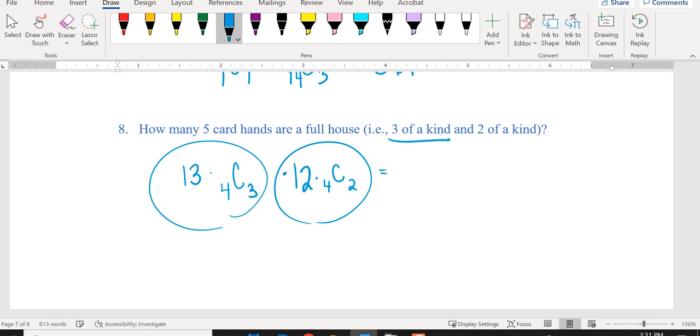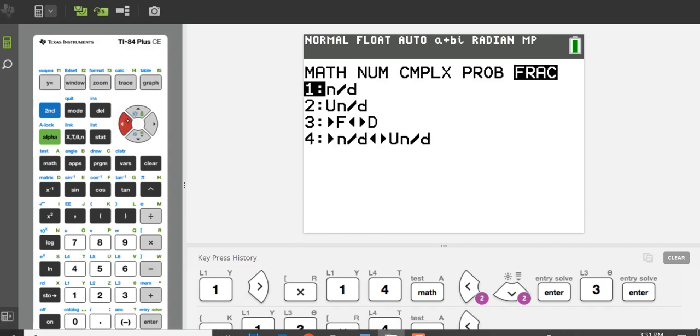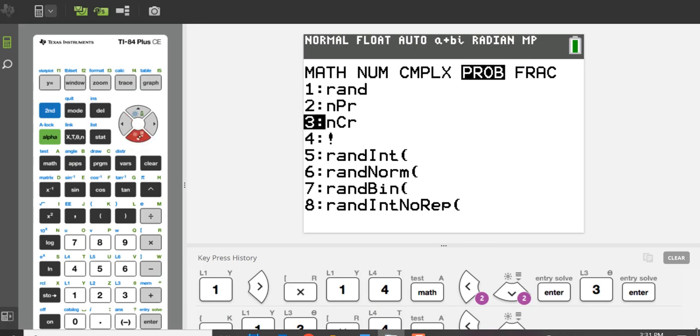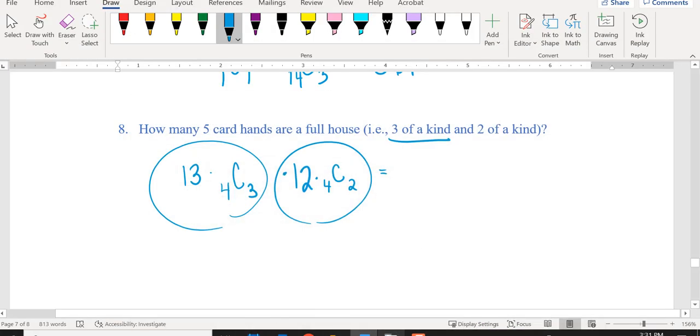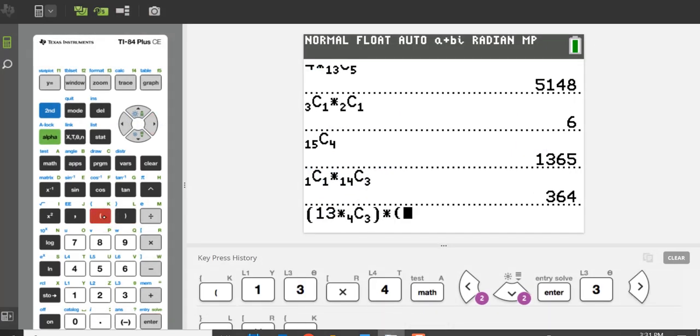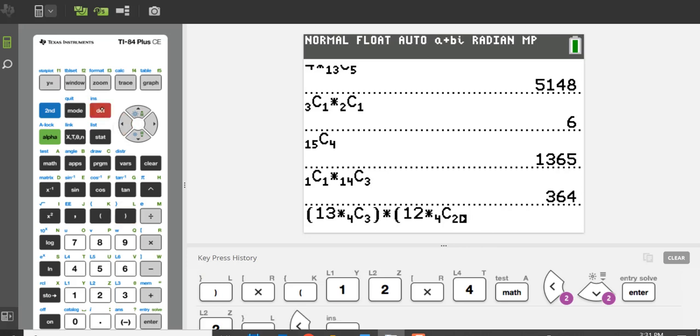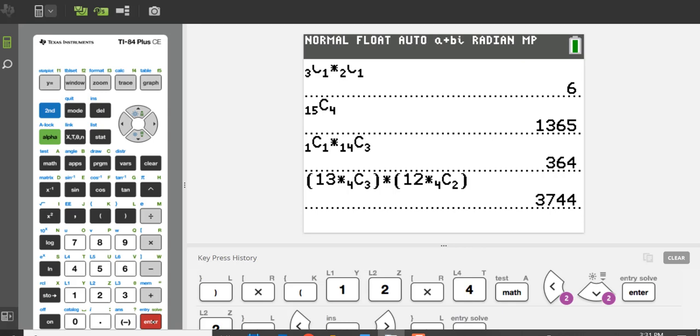So let's see what we get. 13 kinds, and there are 4, and you need to choose 3 of a kind. You also are going to have 12 left, and you need to pick 2 of a kind. So you're going to have 4 combination 2. I get 3,744.